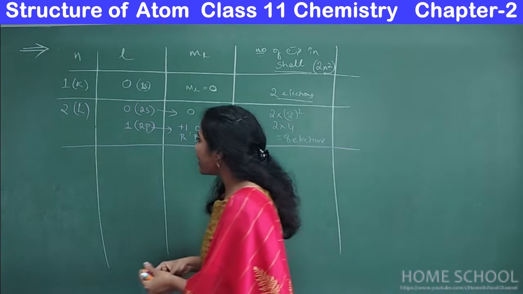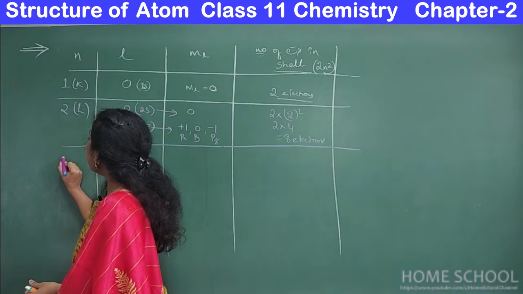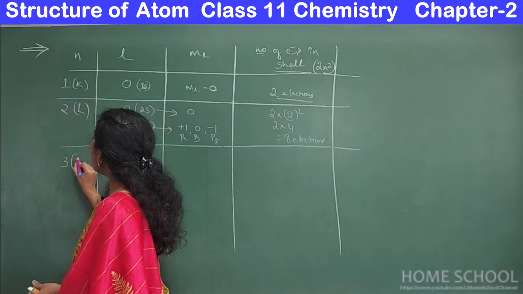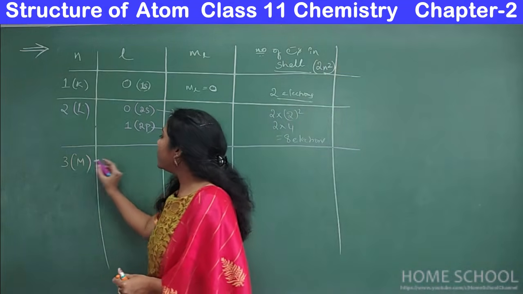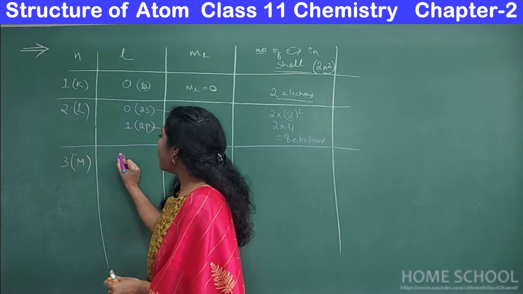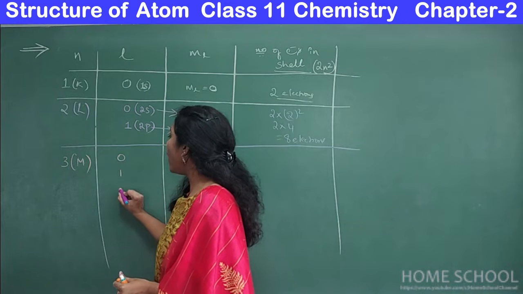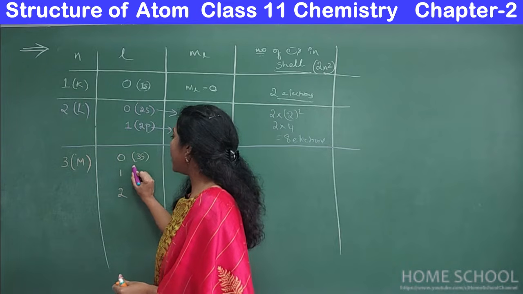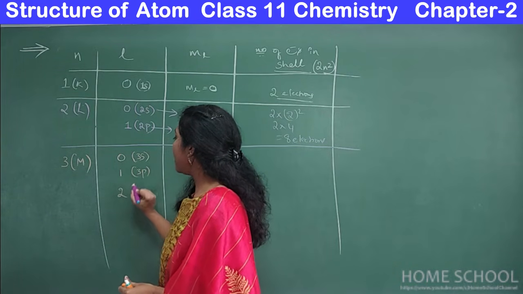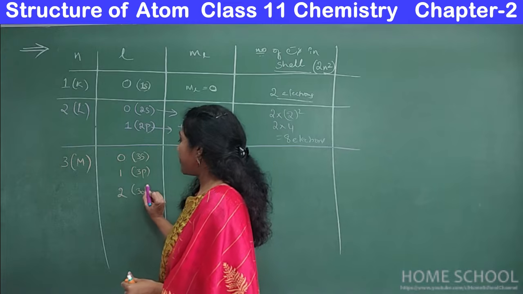Likewise, can you do it for n is equal to 3? n is equal to 3 means it is the M shell. Whenever n is equal to 3, what are the possible l values you will get? 0, 1 and 2. So this is the 3s subshell, this is the 3p subshell, and this is the 3d subshell.